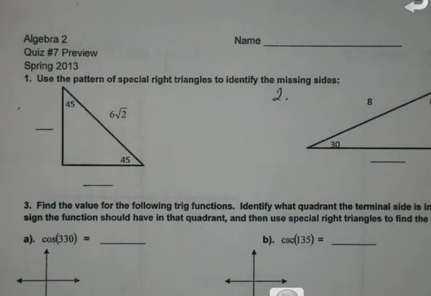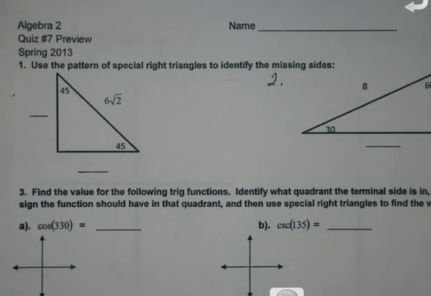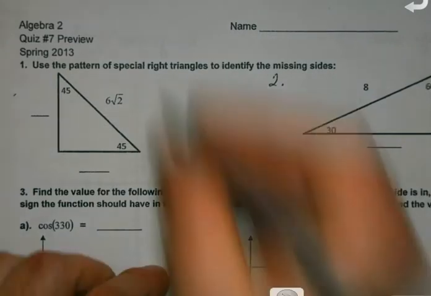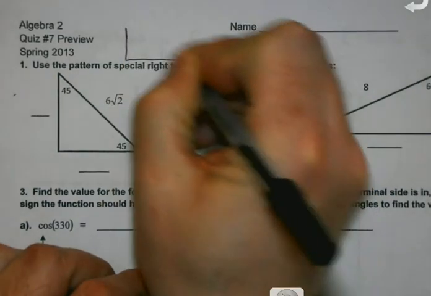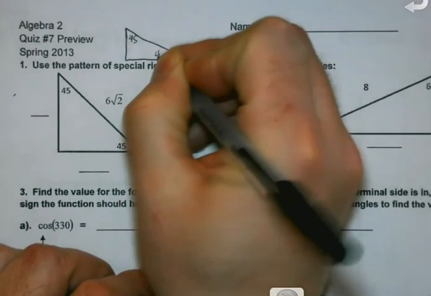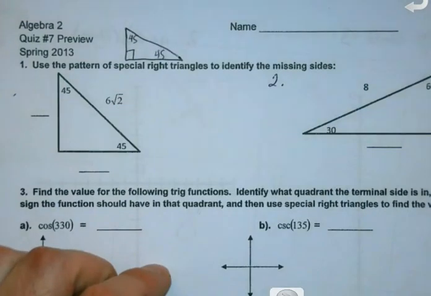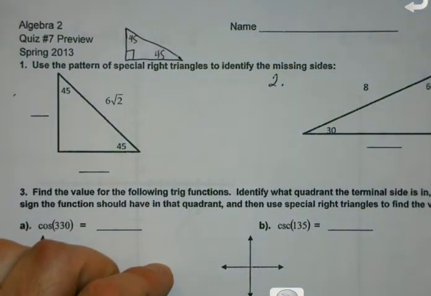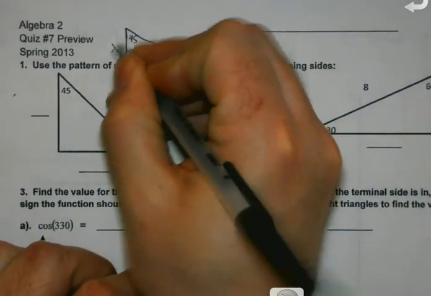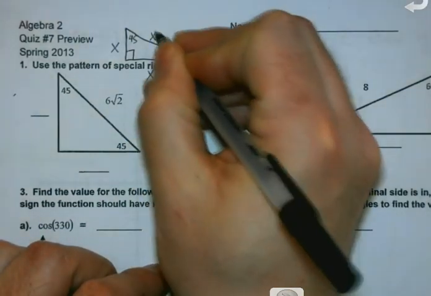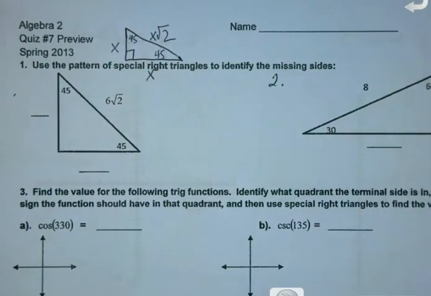On the quiz preview, we're even going back into special rights, trying to work on that stuff. When we did the 45, 45, 90s, remember our pattern typically on these would be x, x, x square root of 2.